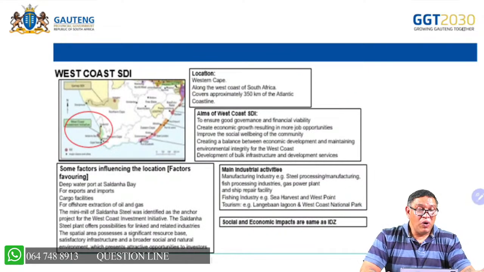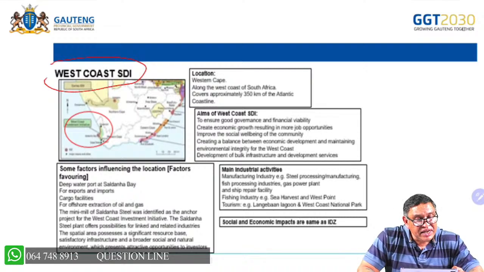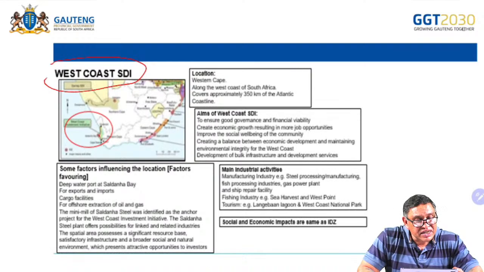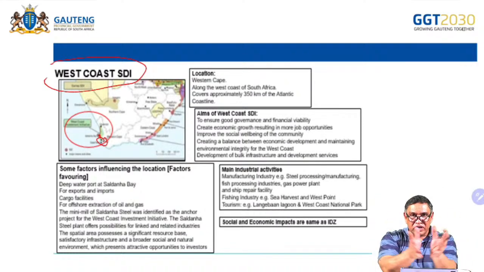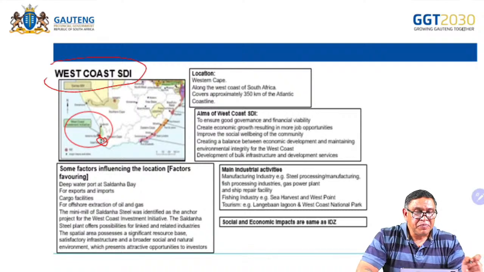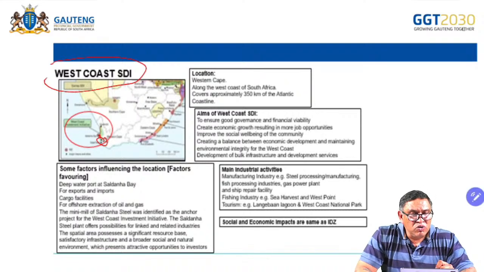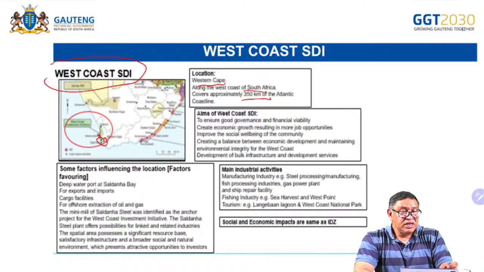Then the West Coast, the same thing. Remember there they are linked. Can you see it? The Saldanha Bay and the West Coast and the Southwestern Cape. So if you look at that, all three there, there's a linkage between them. Okay. So the Southwest Coast is in the Western Cape. It's along the west coast of South Africa. It covers an area of 350 kilometers along the Atlantic Ocean.